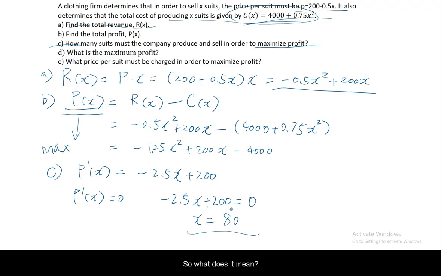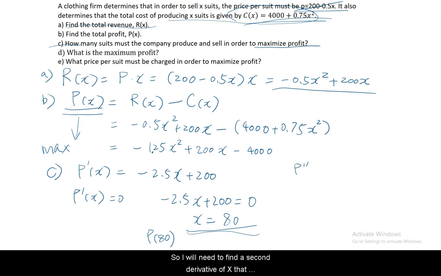So what does it mean? It means this P of x is either, not talking about the price, I'm talking about profit. So P of 80 will give you either the absolute maximum or the absolute minimum. So let's check what it is.